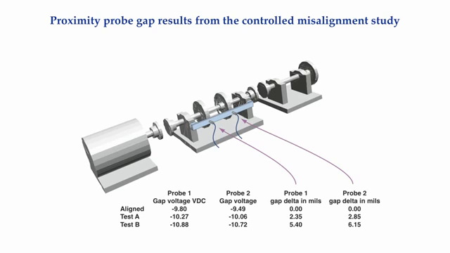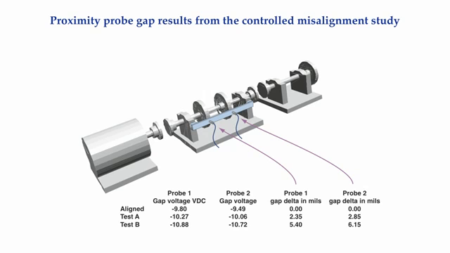The proximity probes had a sensitivity of 200 millivolts per mil, so for every 1 volt change, the distance from the probe to the surface would be 5 mils. For test A, when the center shaft was misaligned laterally 31 mils, the gap voltage at probe 1 increased to minus 10.27 volts DC, and the gap voltage at probe 2 increased to minus 10.06 volts DC.